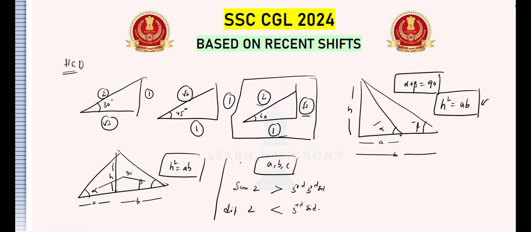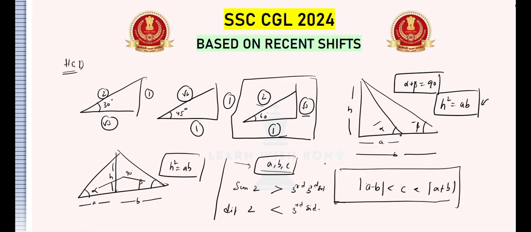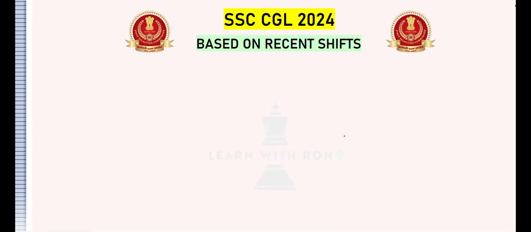So if A, B, C are three sides of a triangle, then A minus B, the difference of two sides, should be less than the third side, and the sum of two sides must be greater than the third side. The remaining relations follow in the same way.